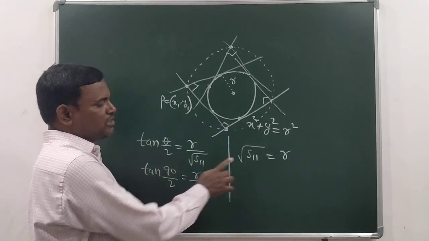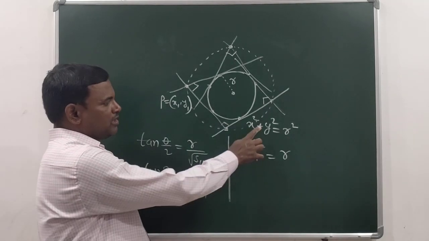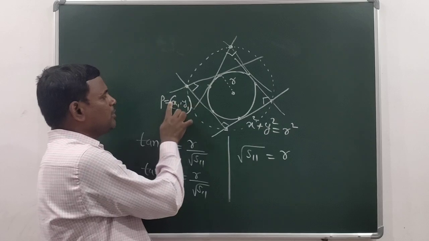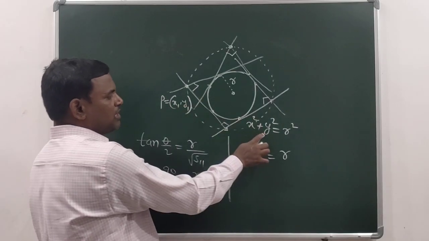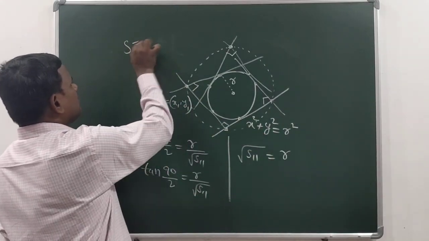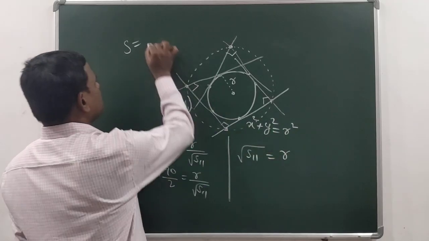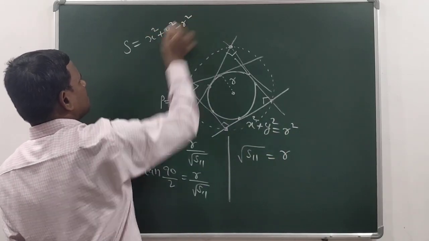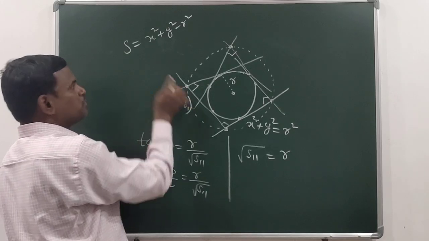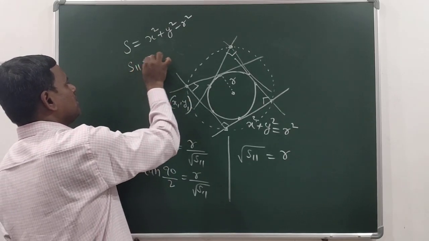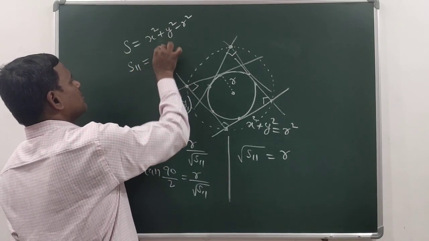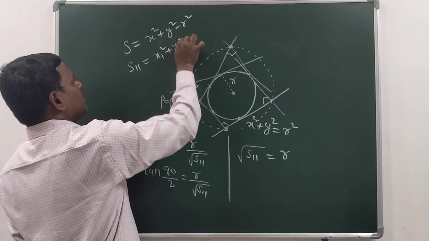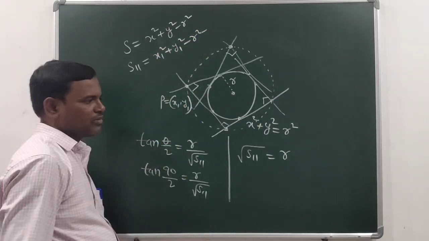You know this notation s11. Equation of the circle is given, point is there with you. So what is s here? Transfer this r square to the left side so that here you will get x square plus y square minus r square, and with respect to this point s11 is x1 square plus y1 square minus r square.